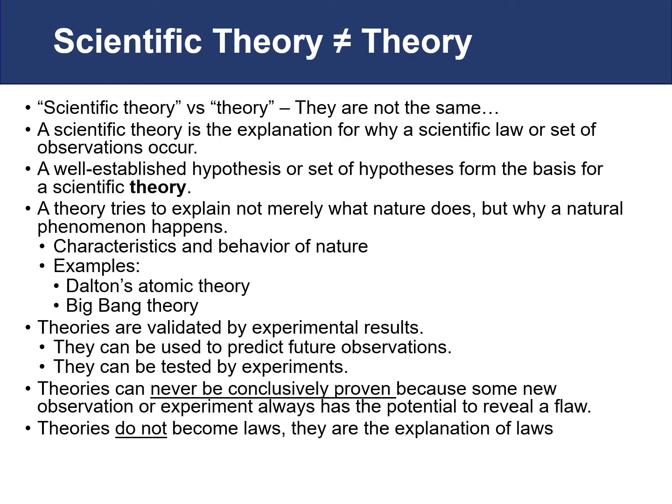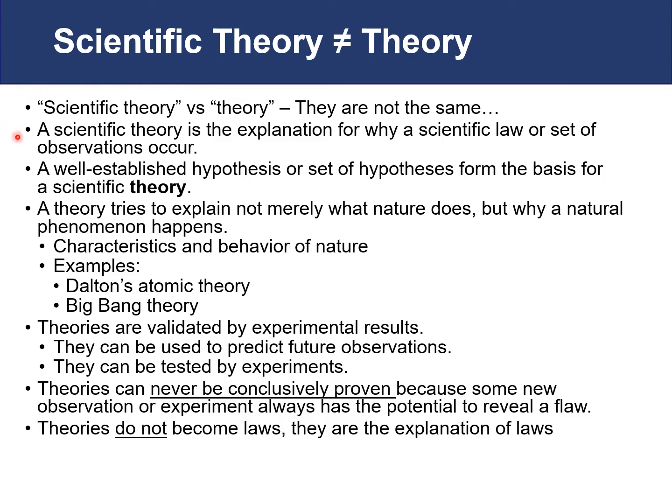So a scientific theory is the explanation for why things happen. There is a large difference between the term scientific theory and our everyday use of the word theory. Scientific theory is not our everyday use of theory. The everyday use of the term theory is actually closer to a hypothesis.